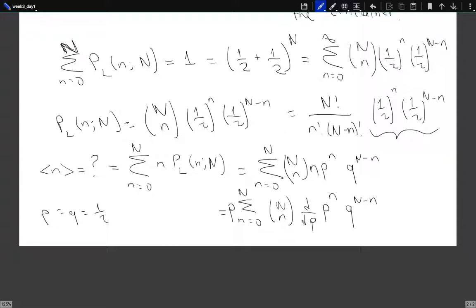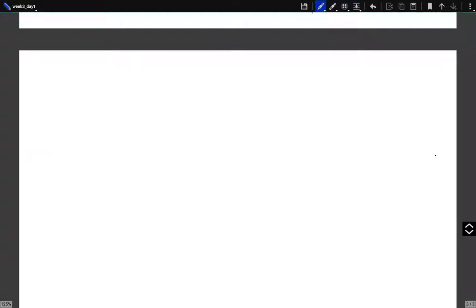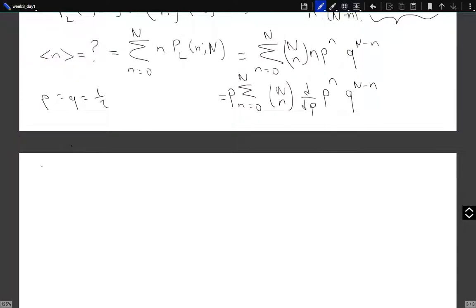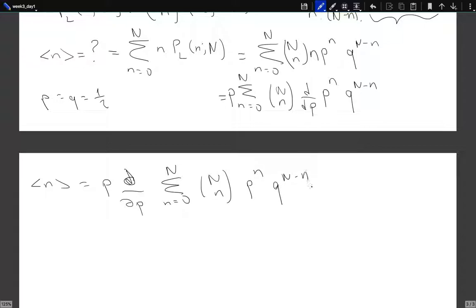So that's why I multiply with p. This will be p times the derivative with respect to p of the sum from n = 0 to N of p^n q^(N-n), which is p times the derivative with respect to p of (p + q)^N.